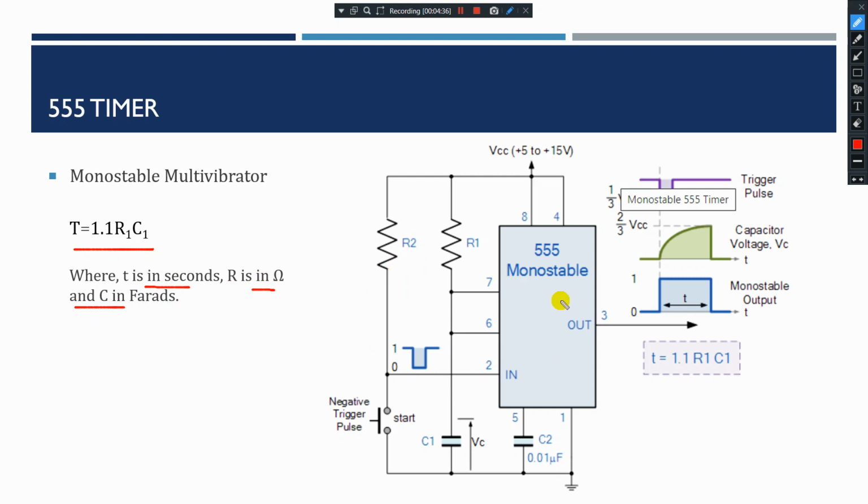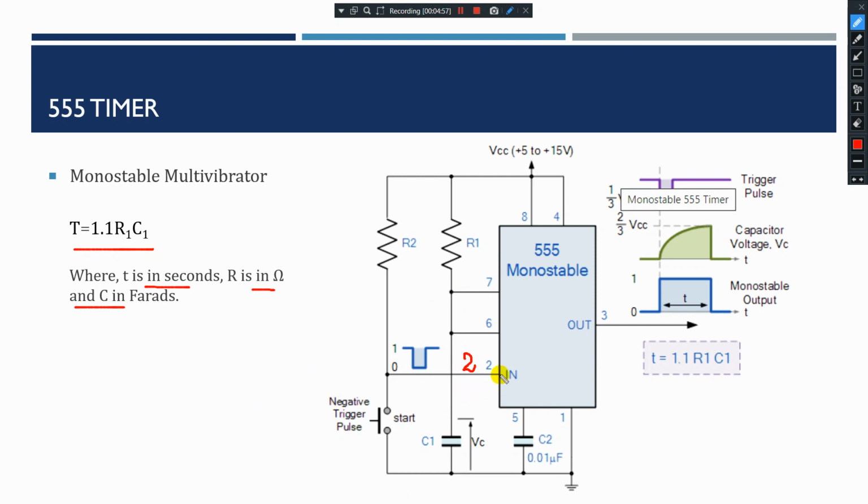In monostable operation, we are using 2 resistors, R1 and R2. If the trigger pulse is given to pin number 2, then pins 6 and 7 are shorted with a resistor R1.